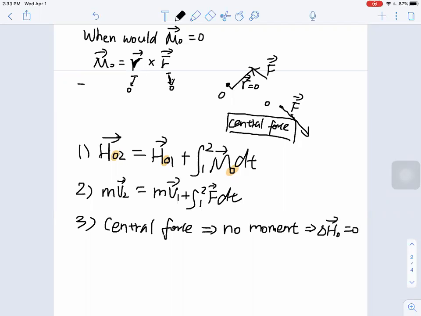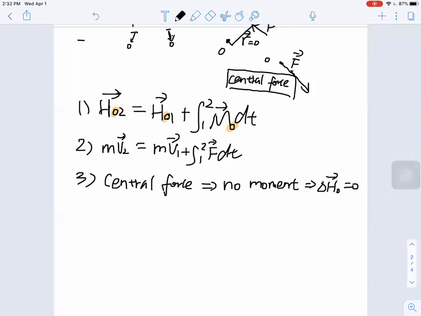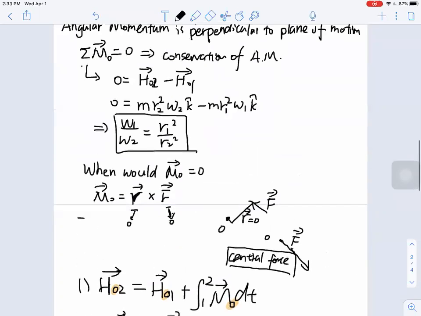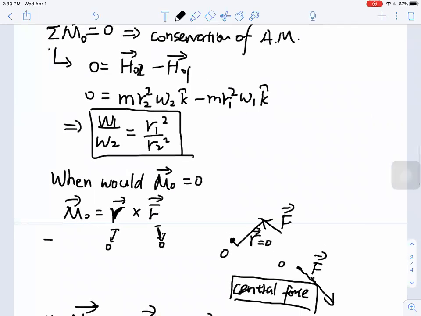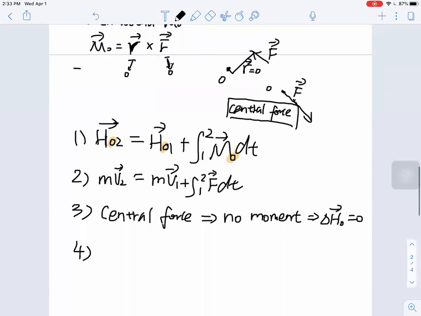That is, the change of angular momentum is 0 if you have a central force. And we also mentioned a conclusion under conservation of momentum, where we get a relationship between omega 1 and omega 2, right? So that would be an important conclusion.